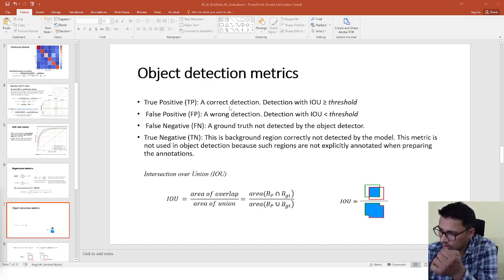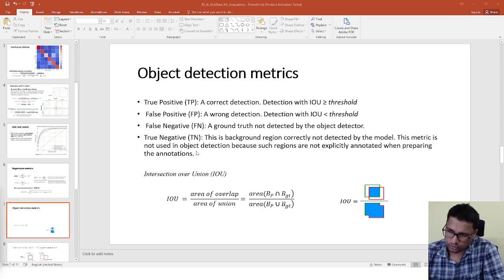Above that threshold, all the detections made by the model we term as true positives, and other predictions below that threshold we treat as false positives. And a false negative is a ground truth that is not detected by the model.